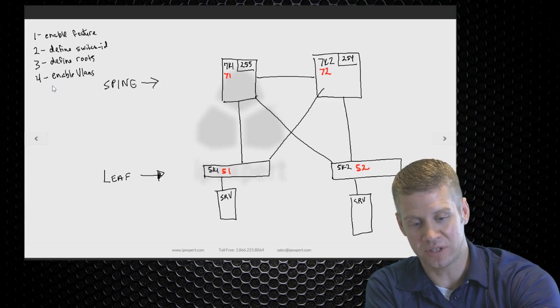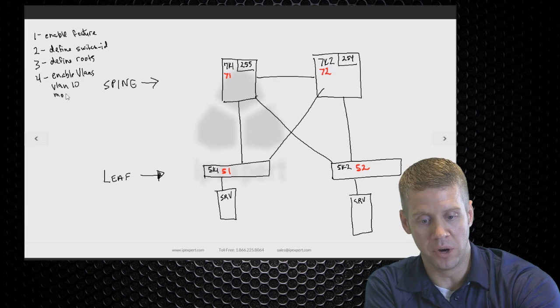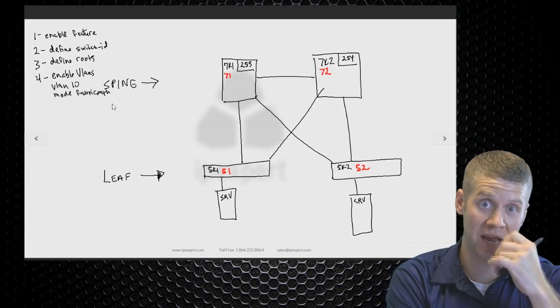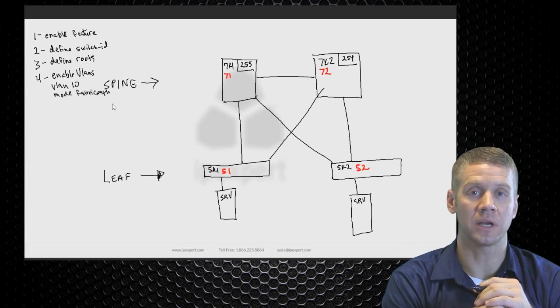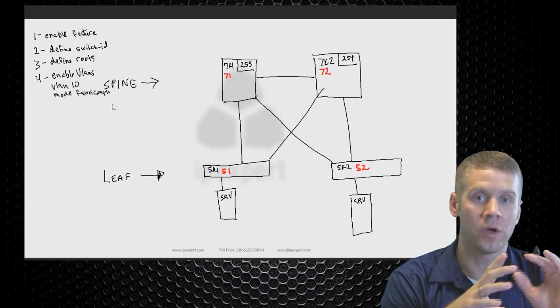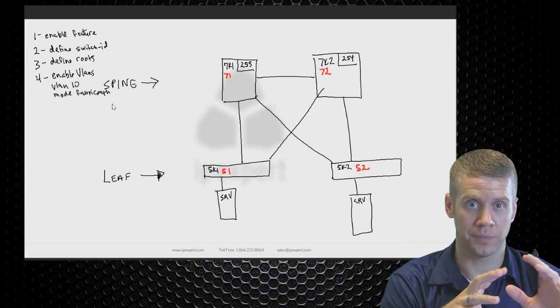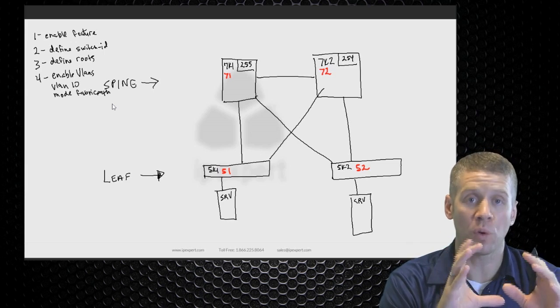This entails going into our VLAN, like VLAN 10, and saying mode FabricPath. This turns it into a FabricPath VLAN, so it's going to start doing conversational MAC learning within the FabricPath core. That is the fourth thing we need to do.